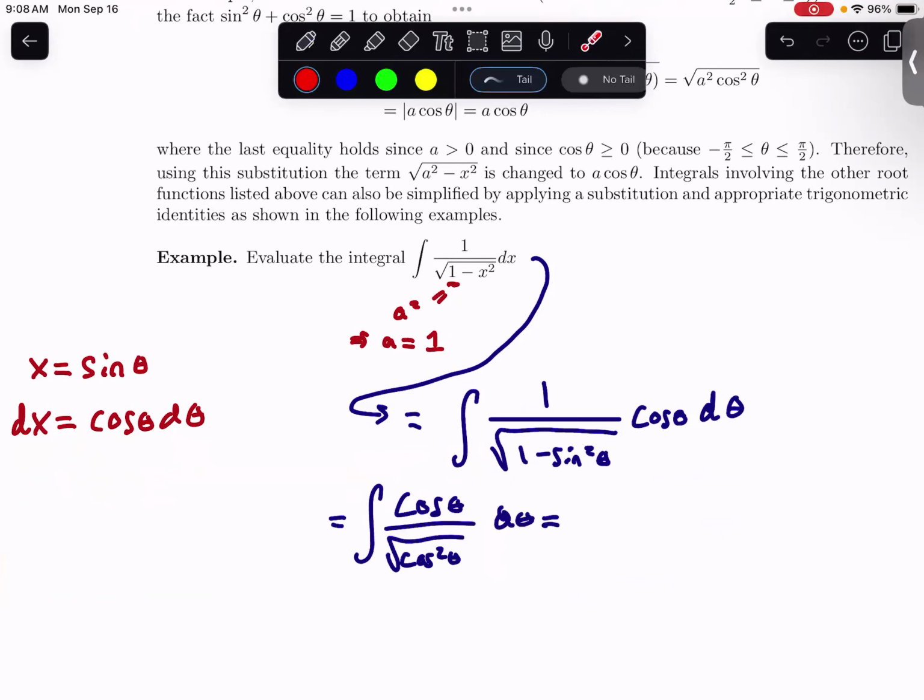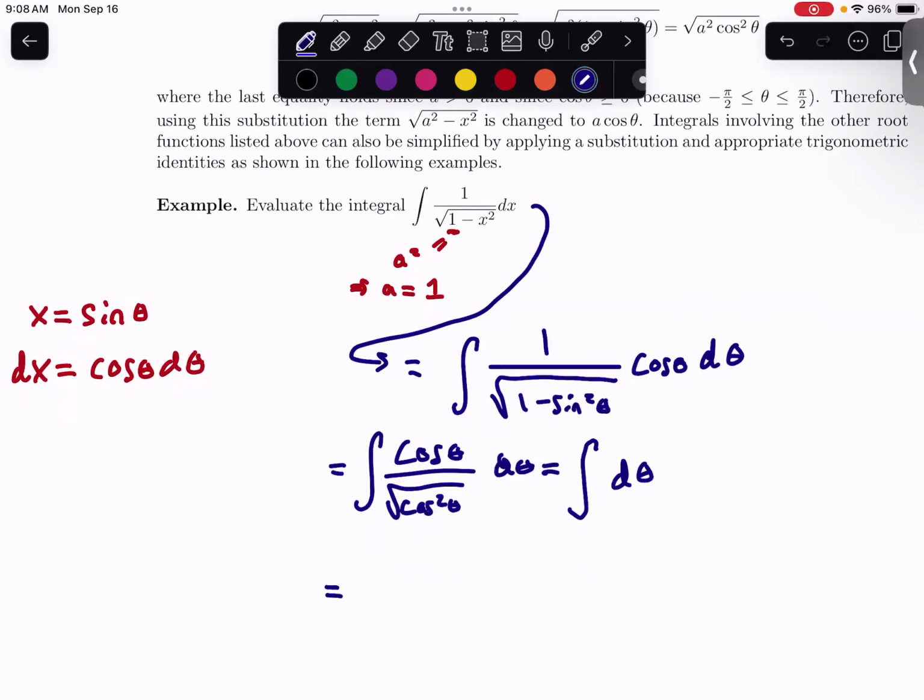And so if you have cosine squared theta and you take the square root, you just get cosine theta. So this is just cosine theta over cosine theta, which is just equal to 1. So you just have the integral of d theta. And so this is equal to theta plus c, where c is just some constant.